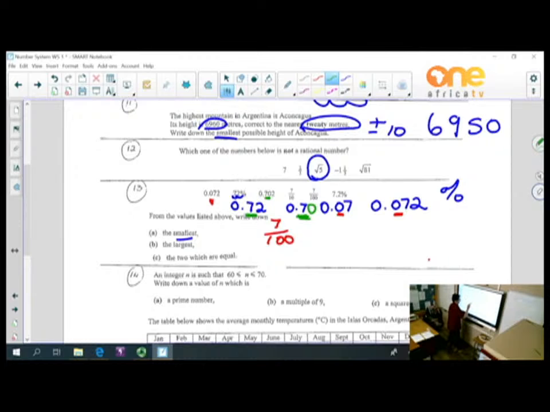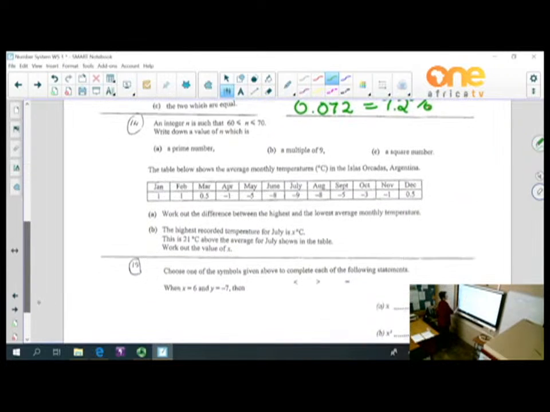And this one is a 2. So this is going to be the largest number, and that is 72%. And now we've already seen that this one and this one are the same. So 0.072 is equal to 7.2%.